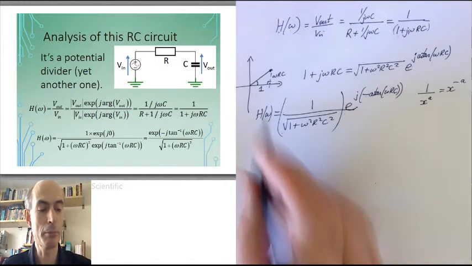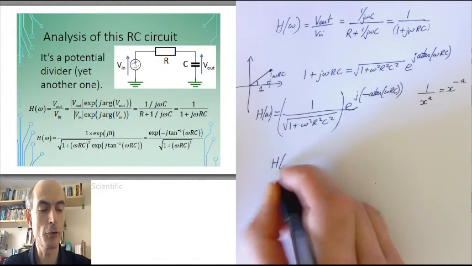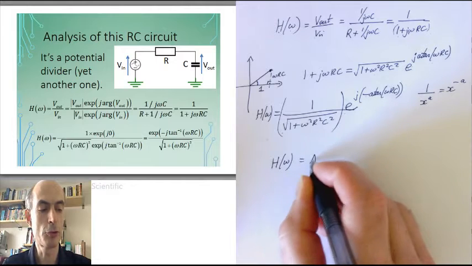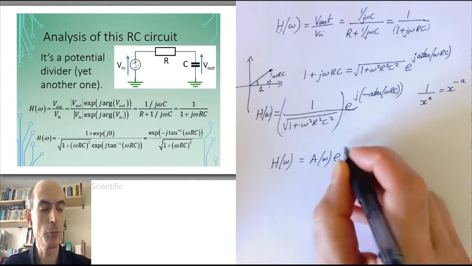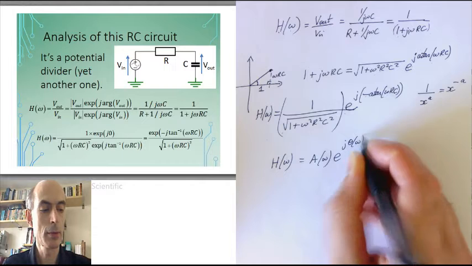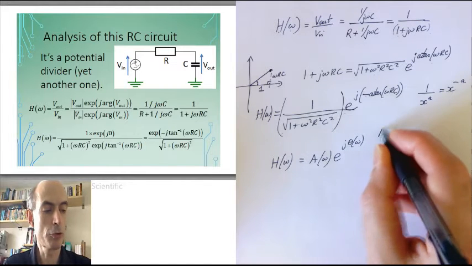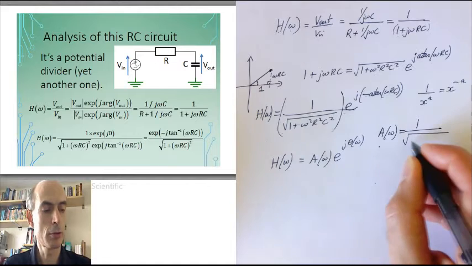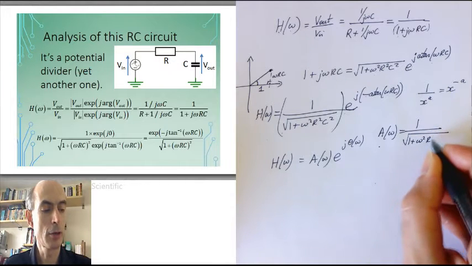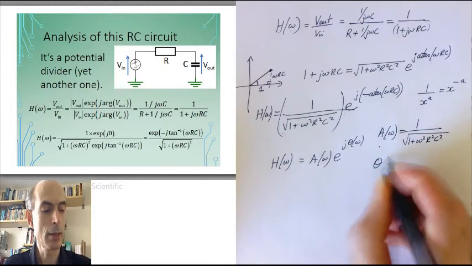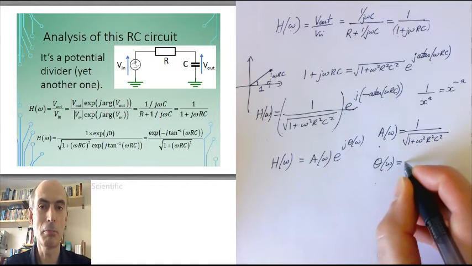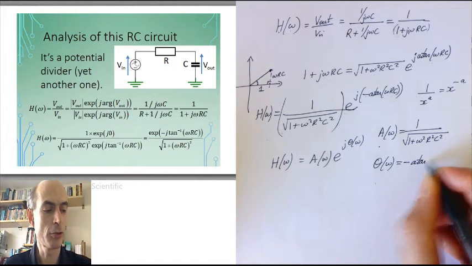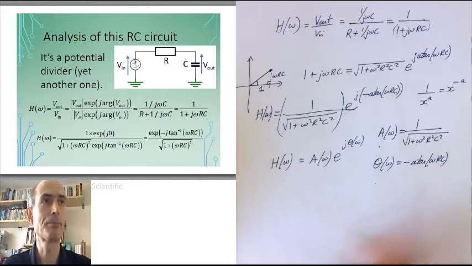If I was splitting up my total frequency response in terms of an amplitude response and a phase response, I would get that my amplitude response is 1 over the square root of 1 plus omega squared R squared C squared, and the phase response is just minus the arctangent of omega RC.